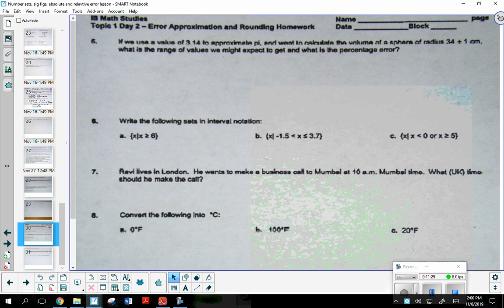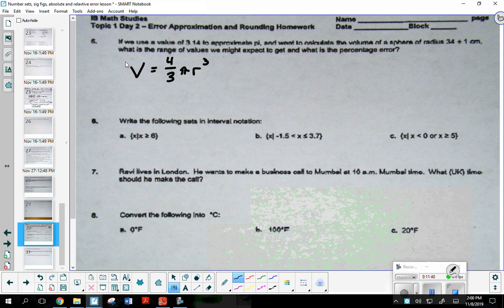Okay, so the volume of a sphere it is. Okay, 4/3 pi r cubed. They're very similar, but this is for a sphere, yes. Okay, so 4/3 pi r cubed.